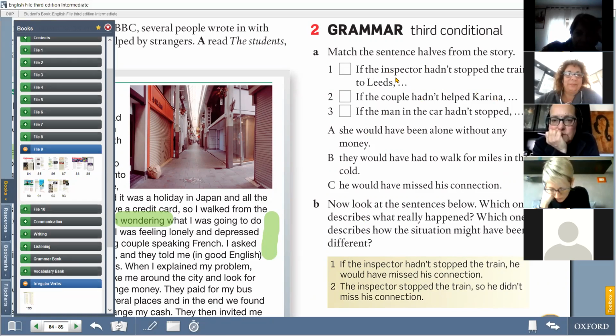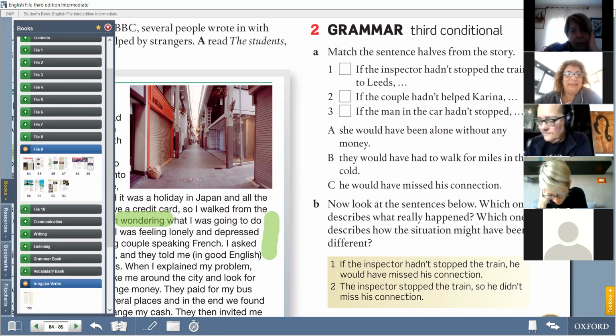If the inspector hadn't stopped the train to Leeds. No, one of these, A, B or C. Queste tre. It's easier, very easy. Without any money. Ci sei, Carle? Sì, trovato.